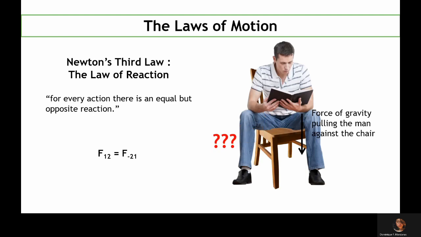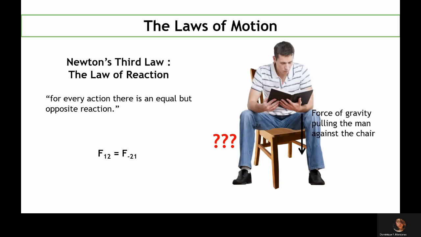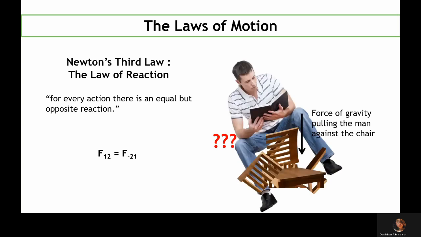So, mawawala yung equilibrium sa scenario na ito. Pag puro force na lang ng gravity yung matitira, magko-collapse yung upuan at malalaglag yung lalaki sa pagkakaupo nito. So, that explains our Newton's third law of motion, which is the law of reaction. So, ayon yung tatlo nating Newton's laws of motion.